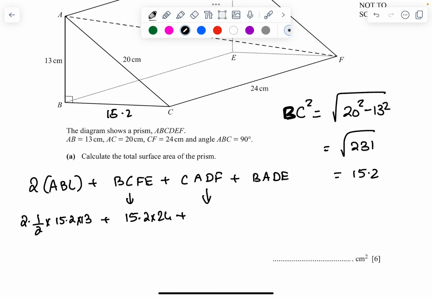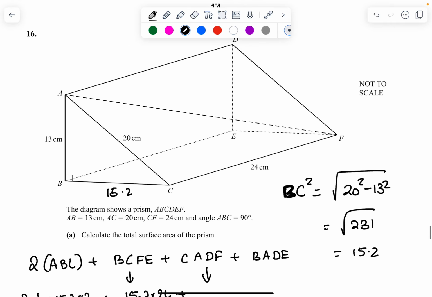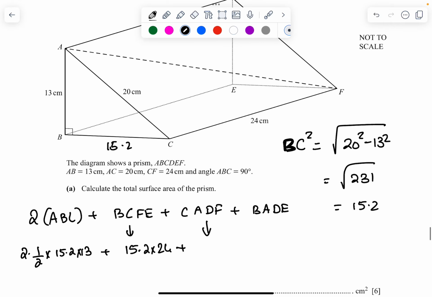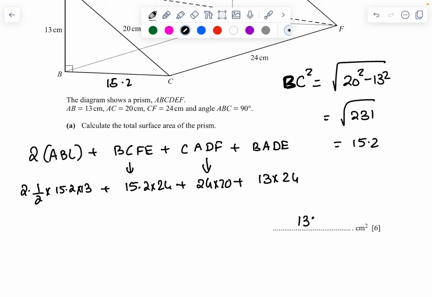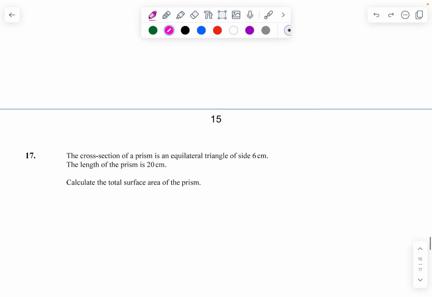For CADF, it's 24 times 20. And BADE will be 13 times 20. Then add them all, you should get 1350. So there are all the faces being added. 1350 is going to be the answer.